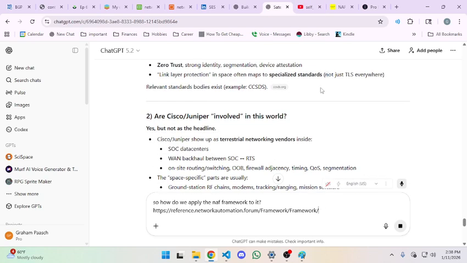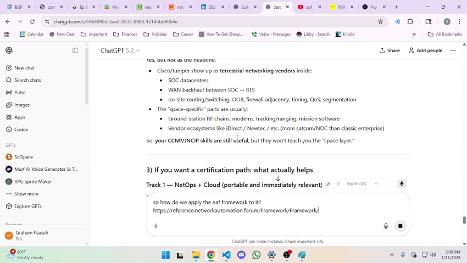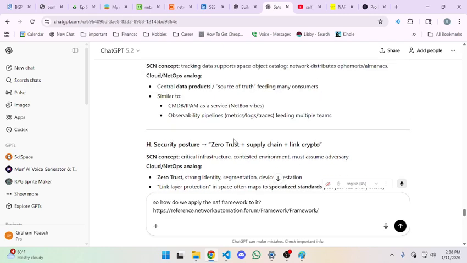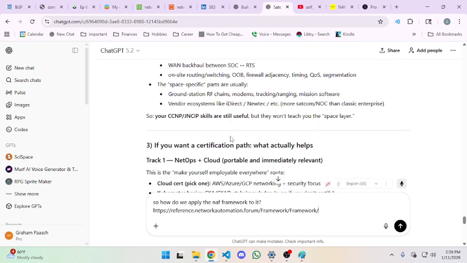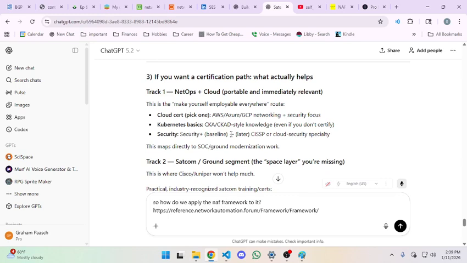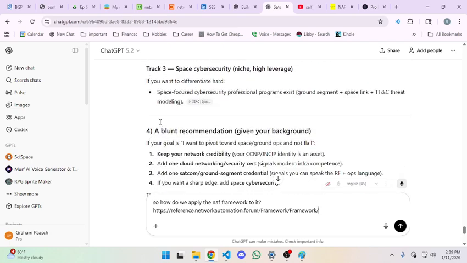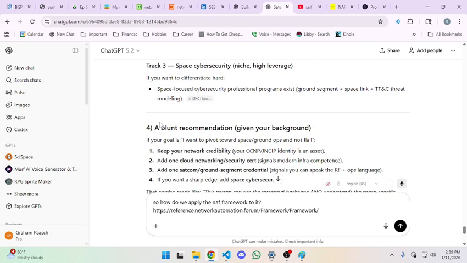Headline, terrestrial. Oh yeah, I think Nokia would be all over this. NetOps. Yeah, this is all cloud stuff, which is good. A blunt recommendation. Oh yeah, I shouldn't have let these expire. I tried. I feel like.